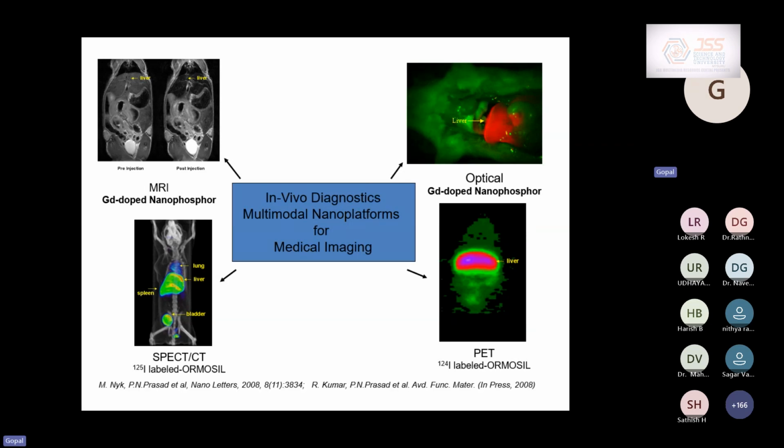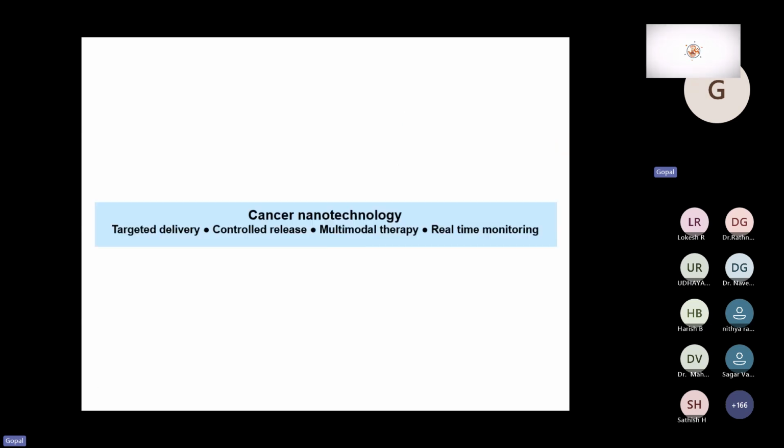Again, Nano Letters. This appeared in 2008, and cancer nanotechnology: targeted delivery, which I have shown in one of the slides, controlled release, multimodal therapy, and real-time monitoring. This is what this FDP is about, targeted, and it is beyond that. The important thing these days is that earlier people thought biological processes cannot be simulated.